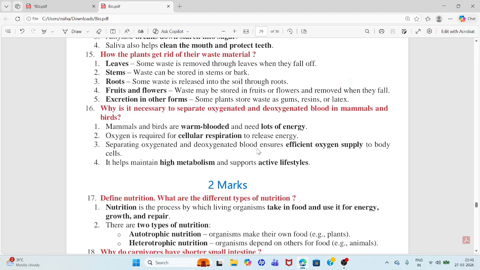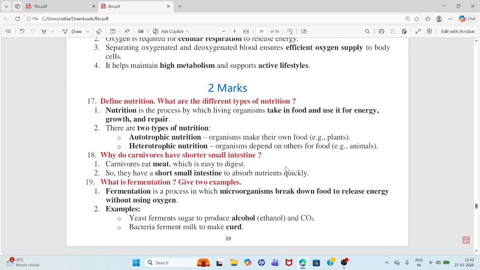Separating oxygenated and deoxygenated blood ensures efficient oxygen supply to body cells. It helps maintain high metabolism and supports active lifestyles. So, warm blood, lots of energy, cellular respiration, efficient oxygen supply, high metabolism, and it supports active lifestyle.